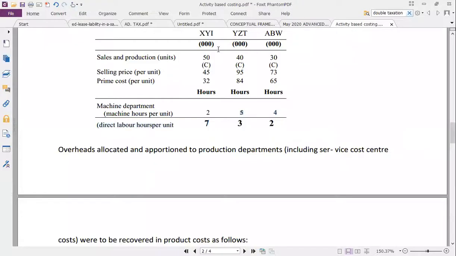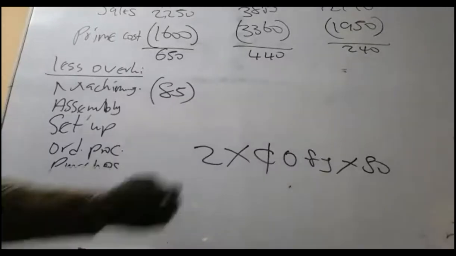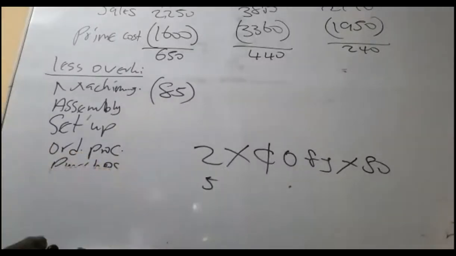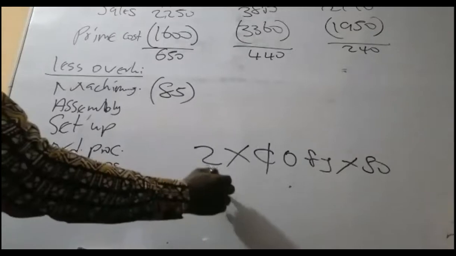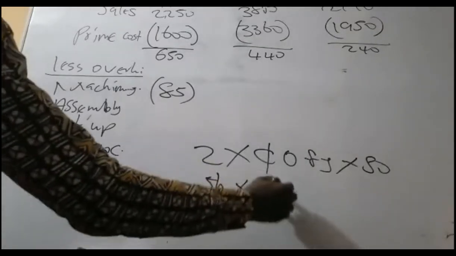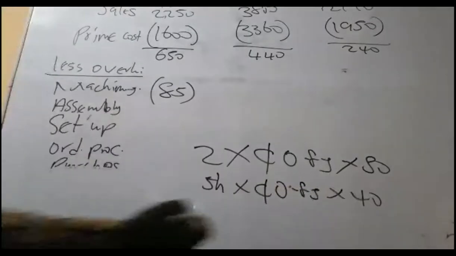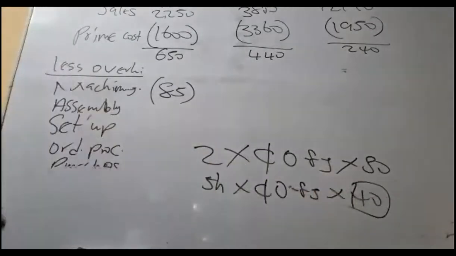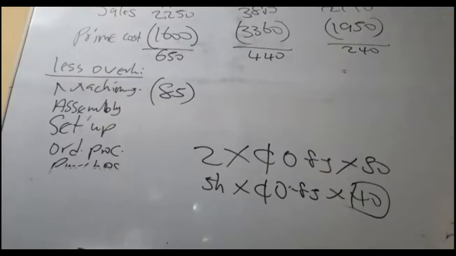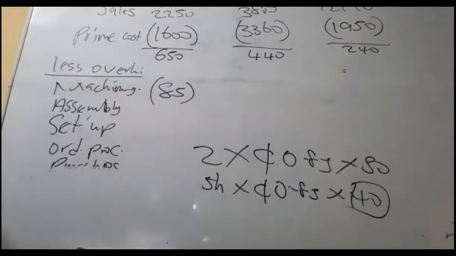The next product is 5 hours. So it will be 5 hours by 0.85 times 40. This is the production unit. So what is the production unit for the second product? 40,000 units.